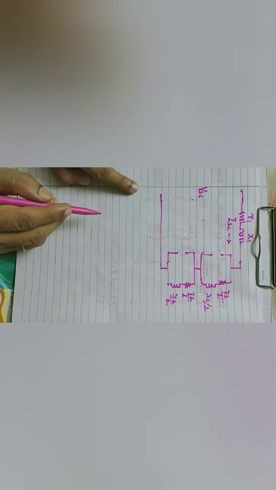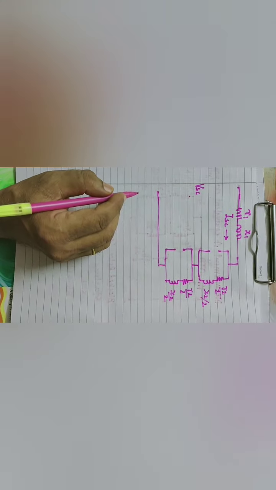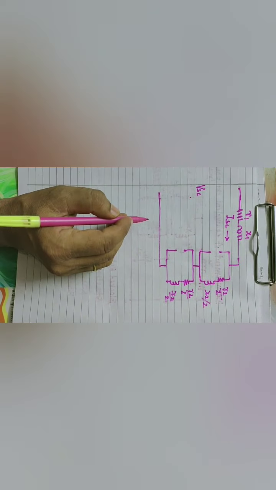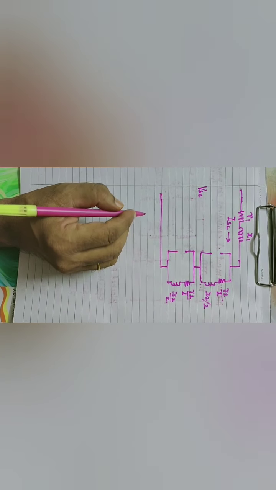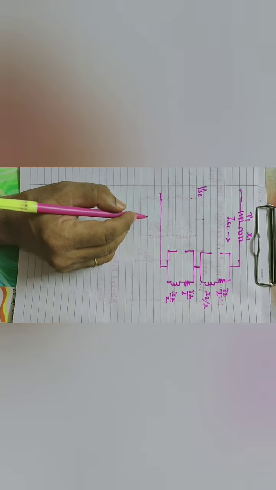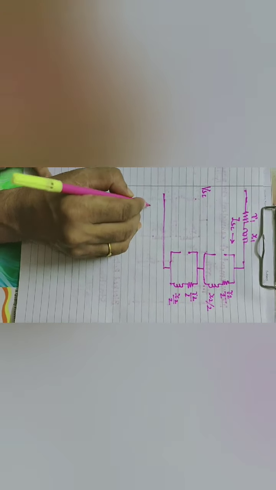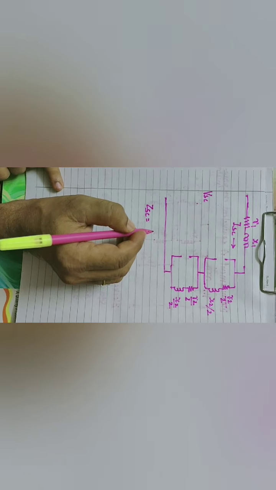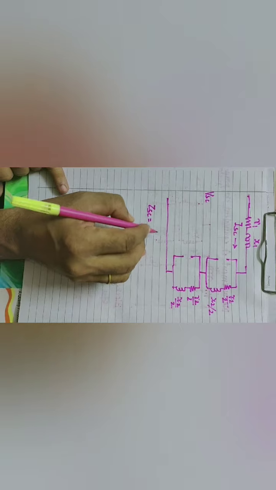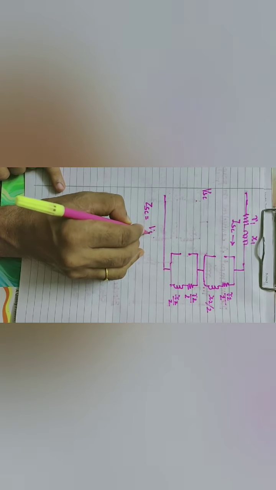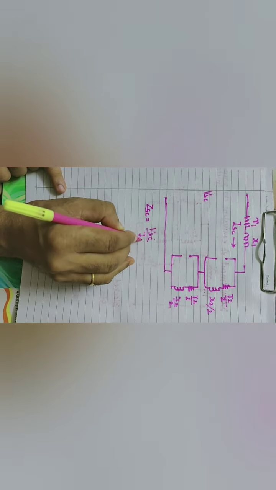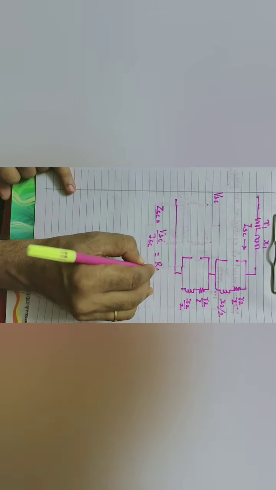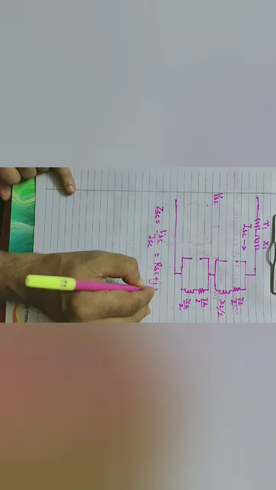Now from the readings of the instruments, wattmeter, ammeter and voltmeter, first calculate ZSC, the motor impedance under block rotor condition. This is VSC upon ISC. ZSC is RSC plus jXSC.